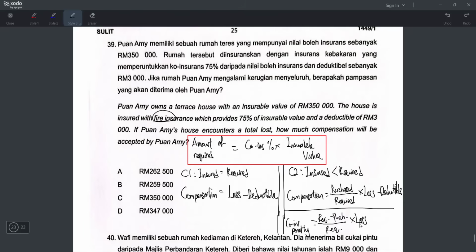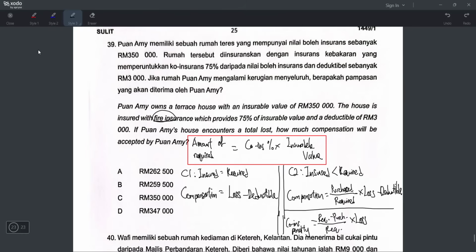That's all. For example, if this one is 205, let's say, then what is the co-insurance penalty? 305. But the 305 has to be multiplied with the loss. The deductible no need. So that's what it means. Usually case 2 is the one that students struggle with, because the formula is much more complicated compared to case 1 and case 3.